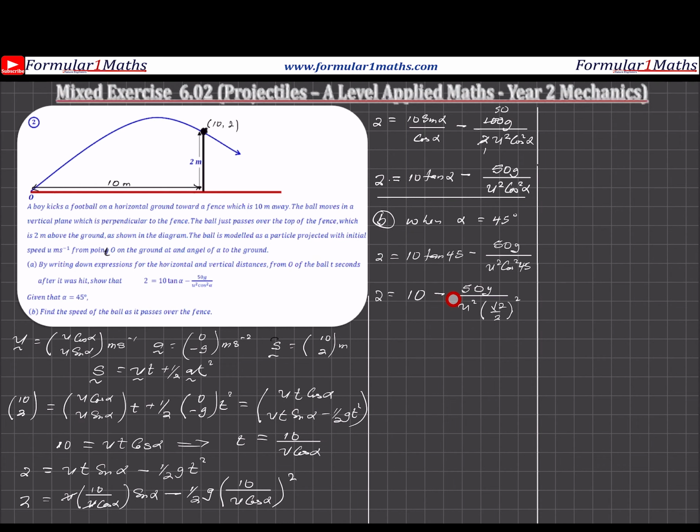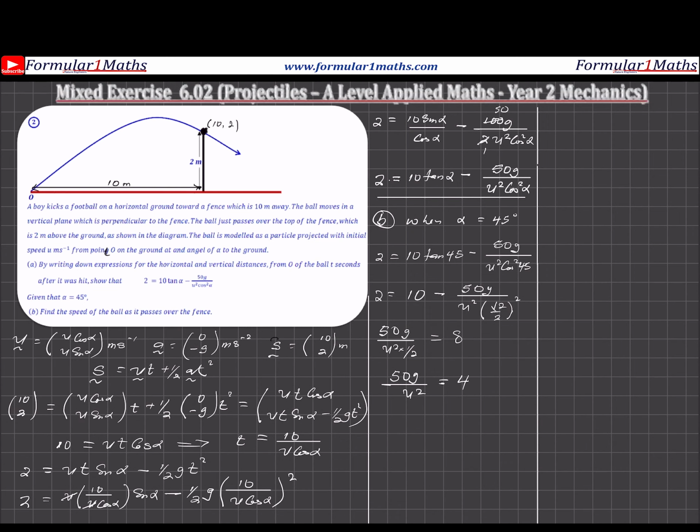I'm going to simplify this equation and rearrange. If I do that, I'm going to get 50g over u squared times a half is equal to 8, because 10 minus 2 is 8. Now I can multiply 8 by 2, and that will give me 50g over u squared is equal to 4.